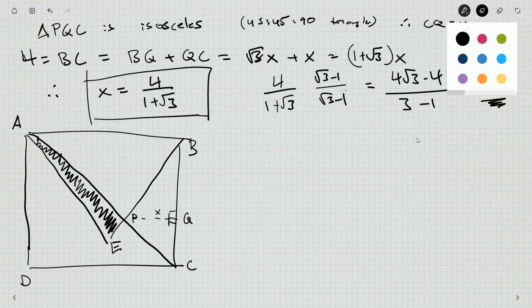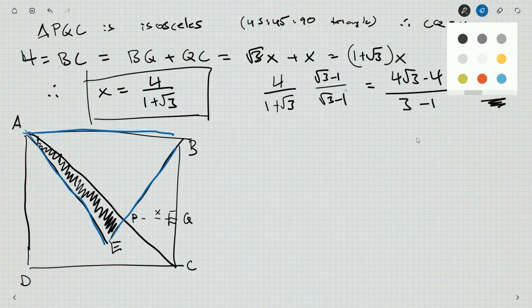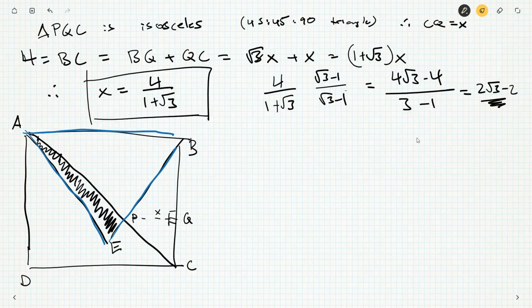Well, that's this big blue right angle triangle minus this sort of yellowy area. So if I knew the area of the big blue triangle, which I probably can figure out because it's got a side length of 4, it's equilateral, and I knew this yellow area, well, then I can just take the difference there. That'd be fine.